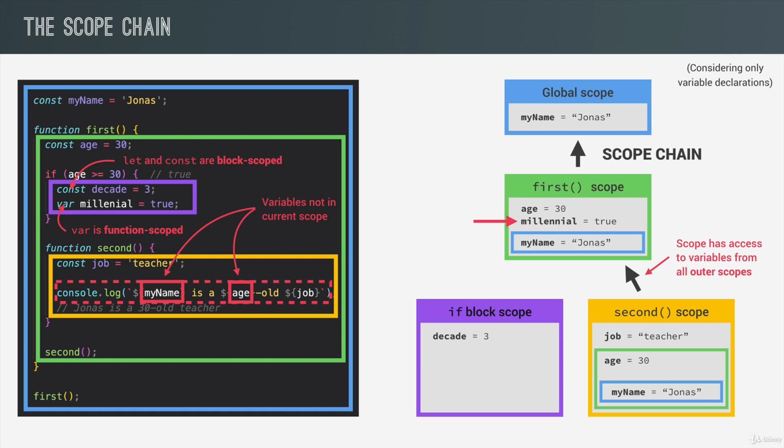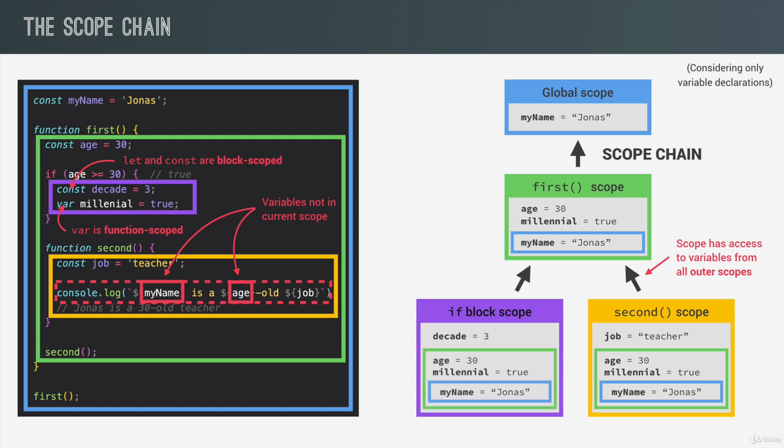Now, about the scope chain, if the millennial variable is in the first function scope, then of course the second function scope also has access to it, even if it doesn't really need that variable. Also, the scope chain does of course apply to block scopes as well, and therefore, in our if block scope, we get access to all the variables from all its outer scopes.